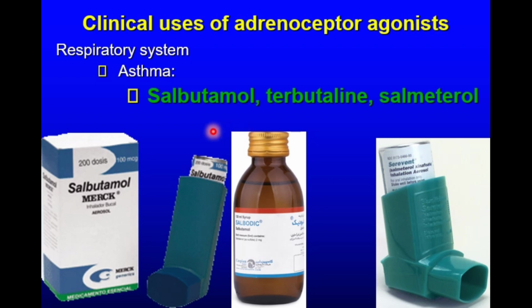Selective beta-2 agonists like salbutamol, terbutaline, and salmeterol are drugs of choice for treatment of asthma. They have longer duration of action than isoproterenol, and especially to minimize the side effects, they are given by inhalation.